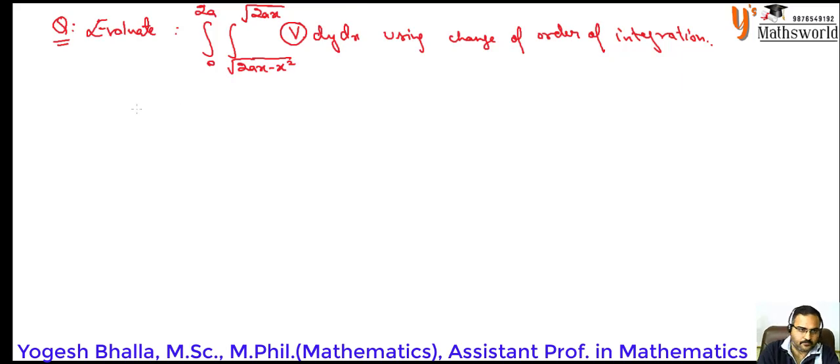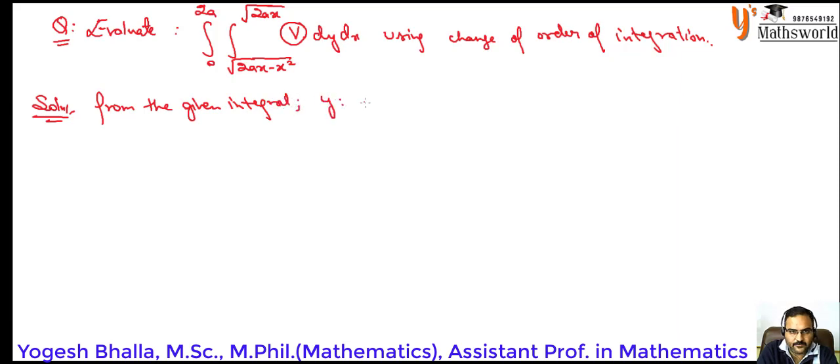Now from the given integral, we have y from root of 2ax minus x square to root of 2ax, and x is varying from 0 to 2a.